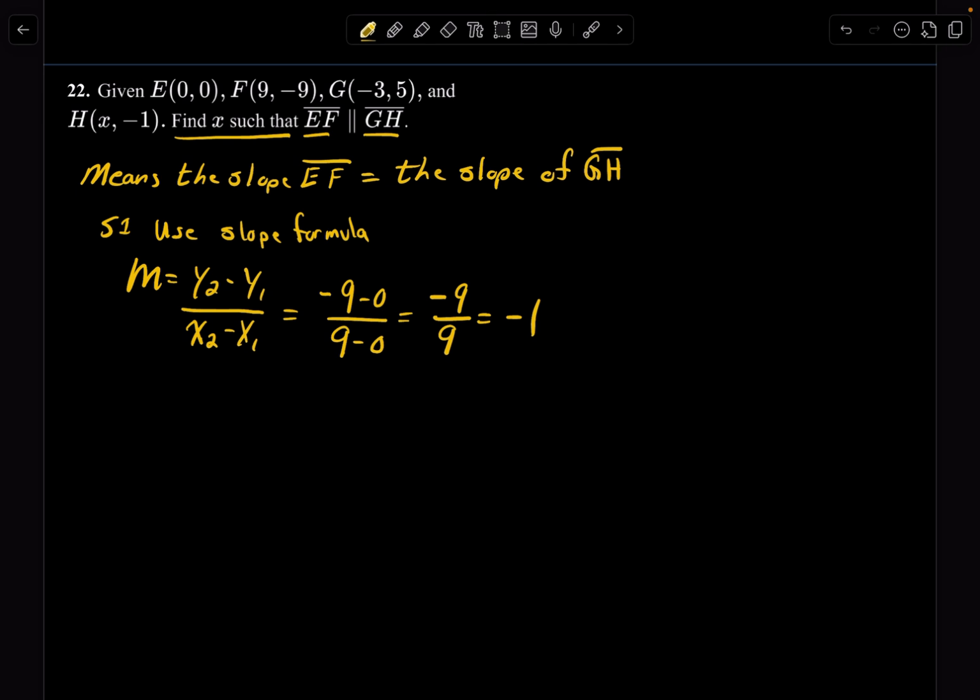So the slope of EF is negative 1. Because these two lines or segments are parallel, they have the same slope.